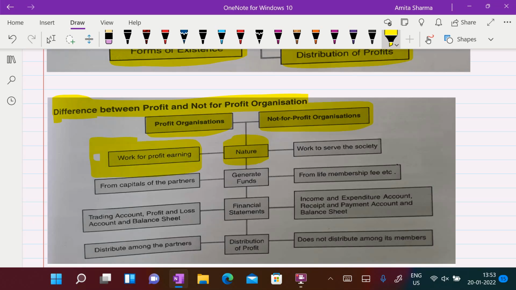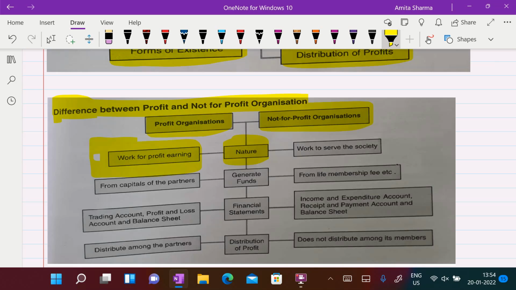The objective of a profit organization or business entity is most basically to earn profit, and they get these profits from their trading activities, that is, general trading business activities and entities. They work for profit. So the main motive of these organizations is to earn profit. That's why they are known as profit organizations.